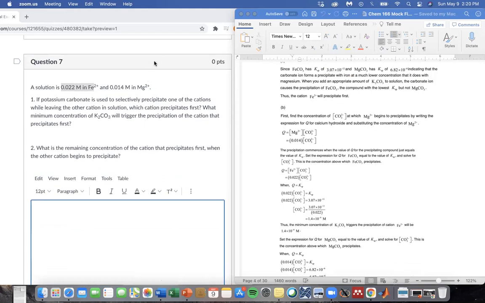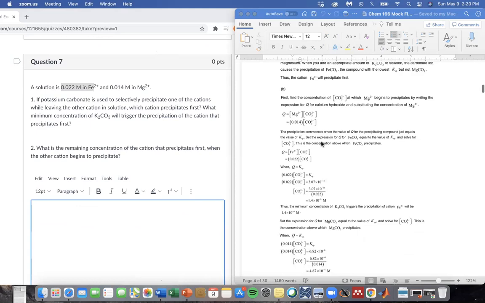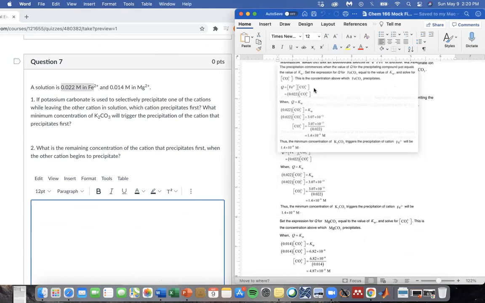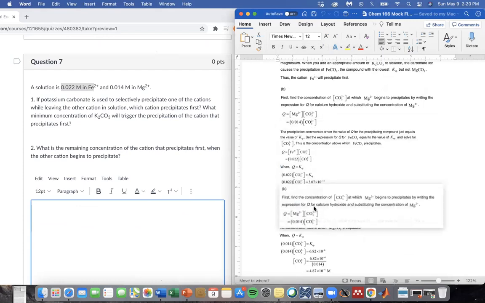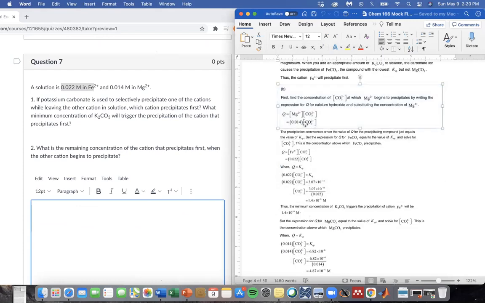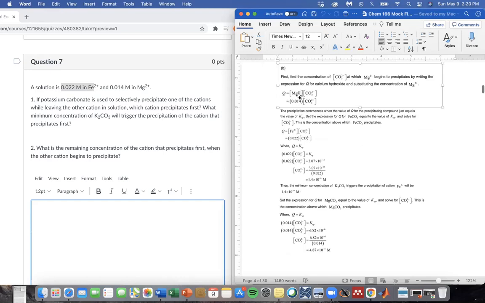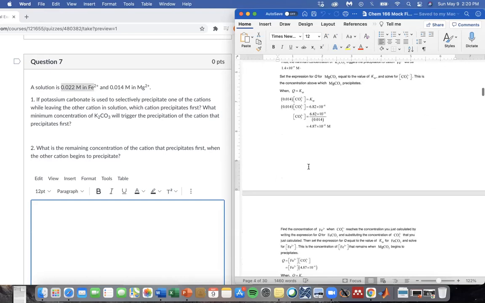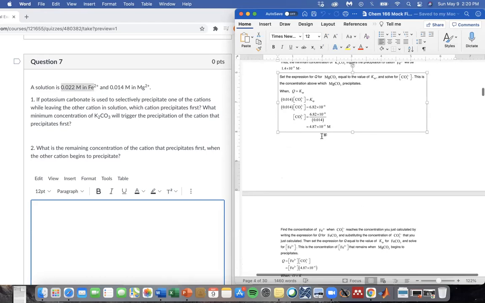Here you have your setup, and then you just do the calculation. With the KSP of magnesium carbonate, you'll get a carbonate concentration of 4.87 times 10 to the negative 4th.